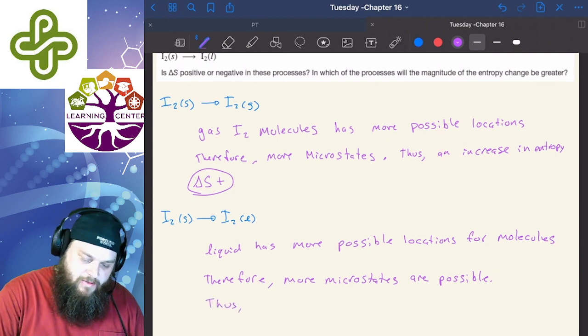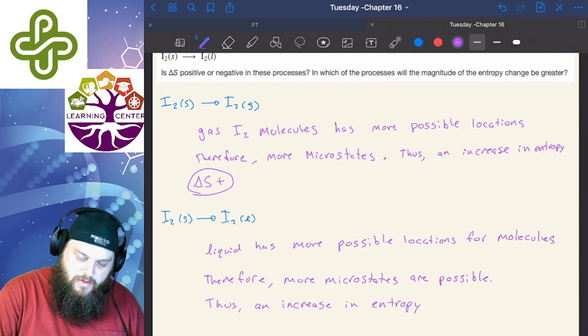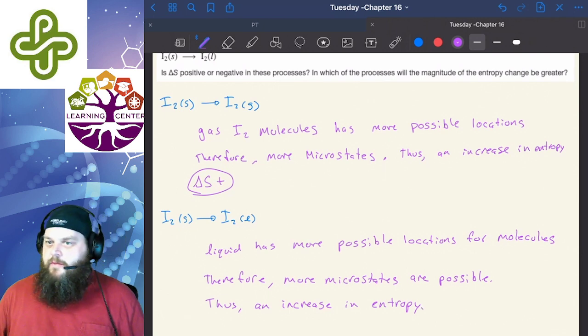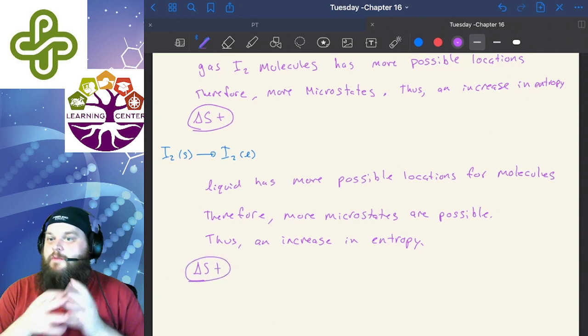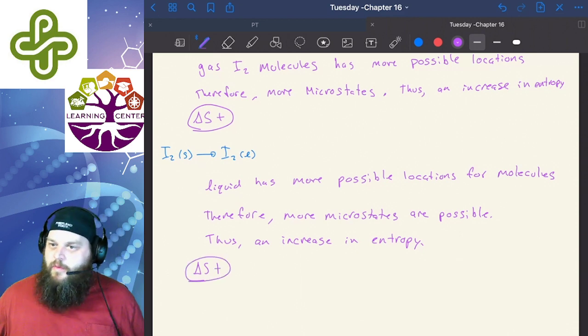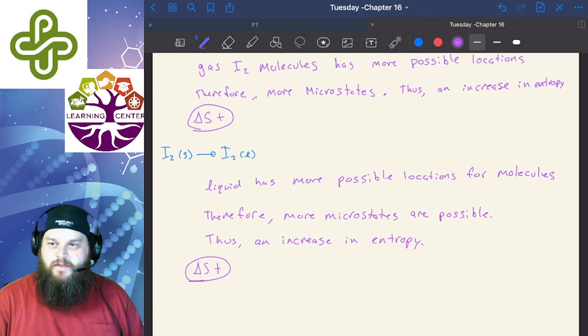Thus, an increase in entropy. So again, we have this increase in entropy for both of these cases. So I would say delta S is still going to be positive for that one, because we're going from a solid state to a liquid state. It's going to have more entropy involved with that transformation.